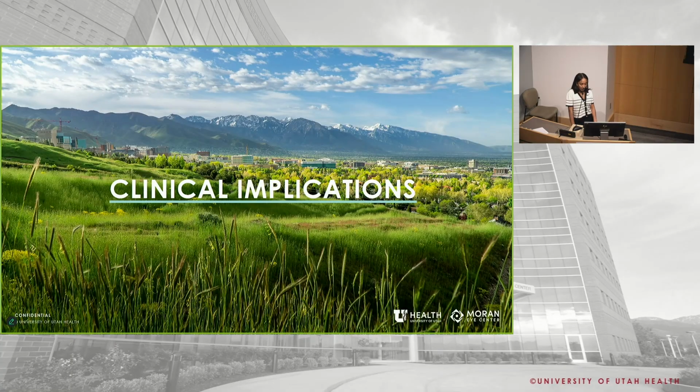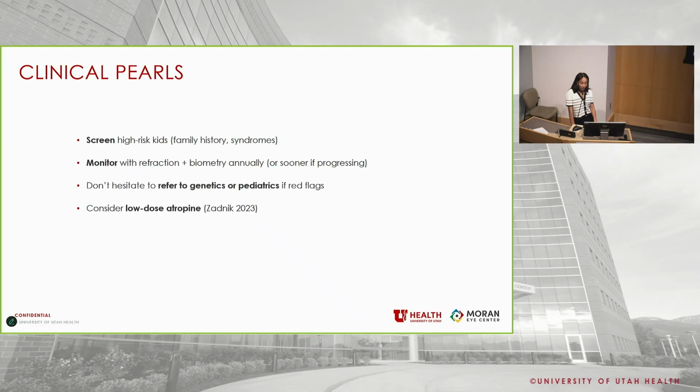So for clinical implications, what should we do in clinic? For one, screening early and often in high-risk kids is really important. We can potentially track more than just refraction, maybe including biometric data annually could be helpful. I think involving genetics as well as pediatrics, if we see some red flags, is a good option.